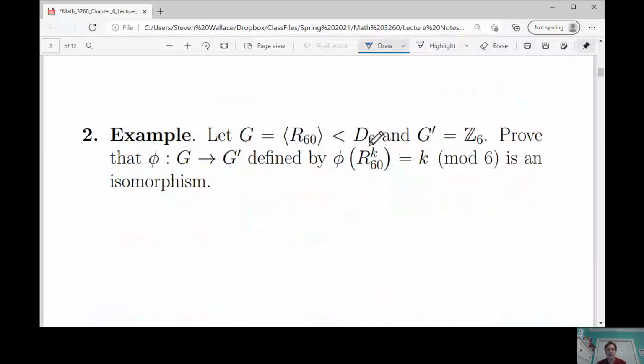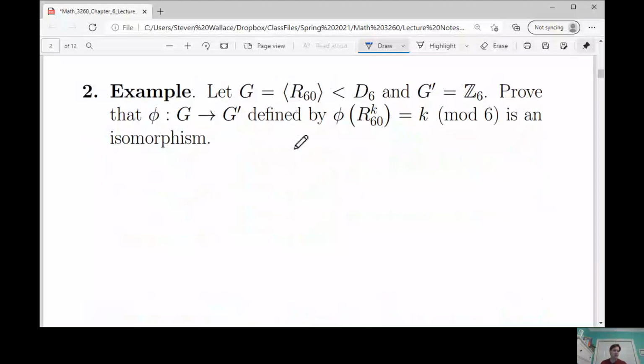This is a cyclic group of order 6, since this is the symmetries of a hexagon. G prime would be the integers modulo 6. Would that give me an isomorphism? Let's prove it.